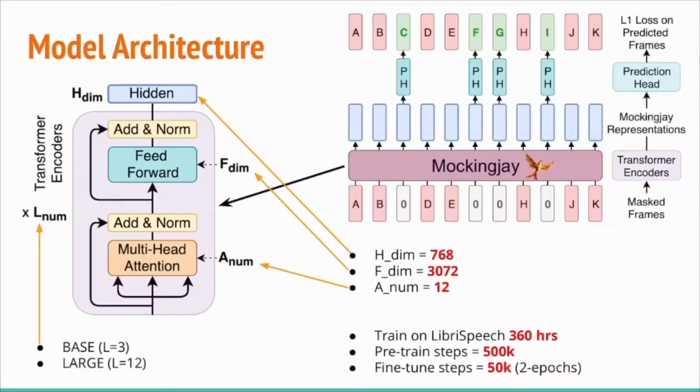We use 12 attention heads and pre-train for 500,000 steps on the LibriSpeech 360-hour subset. When we fine-tune the Mockingjay model with downstream models, we fine-tune for 50,000 steps, which is approximately 2 epochs of training data. We train two models, the base model with 3 layers and the large model with 12 layers.